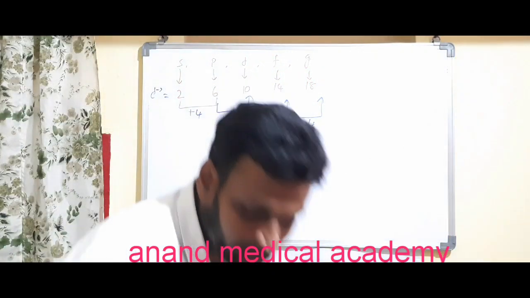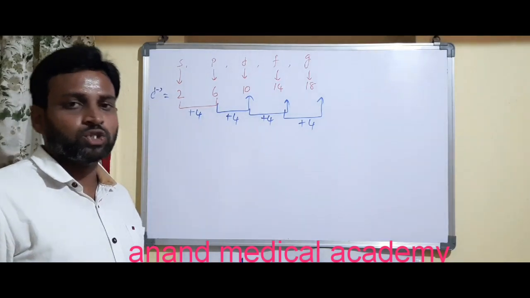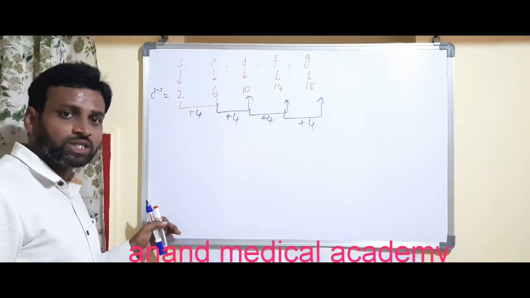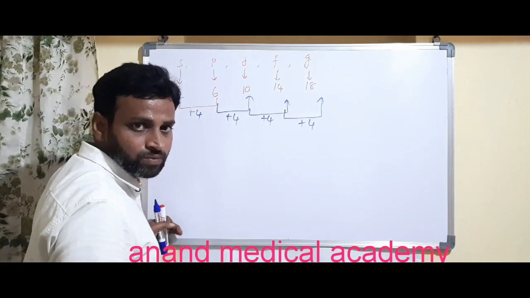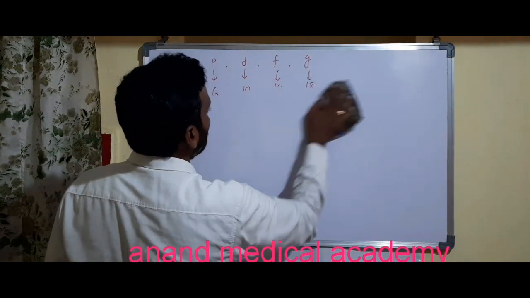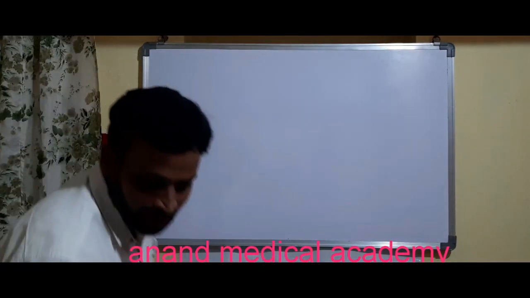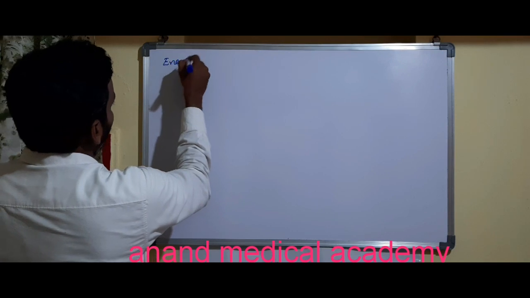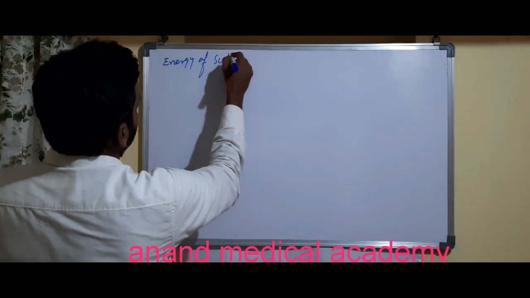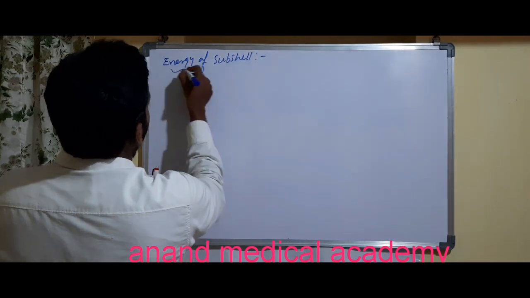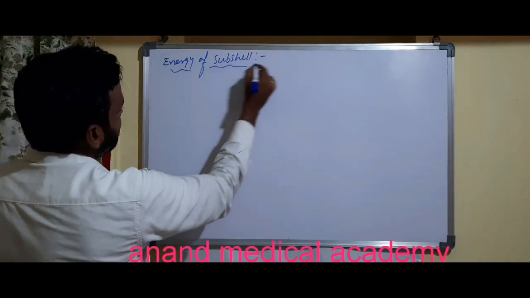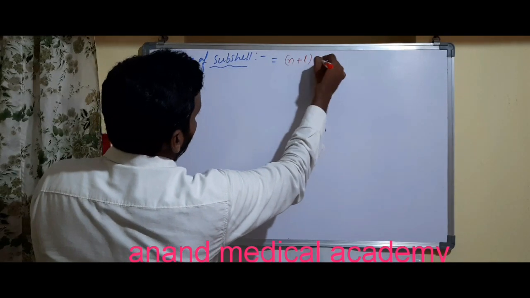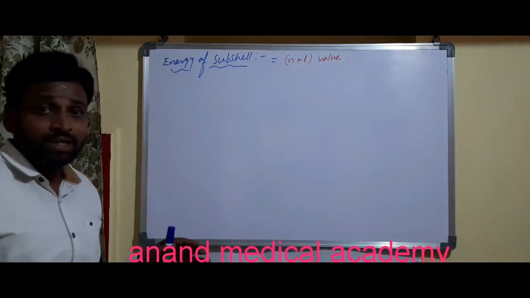How many electrons are present in a shell, I gave the formula, that is 2n squared. How many electrons are present in a subshell, that is 4l plus 2. So previously you have all these things. And last and final, the energy of a subshell. The energy of a subshell is given by the n plus l value.